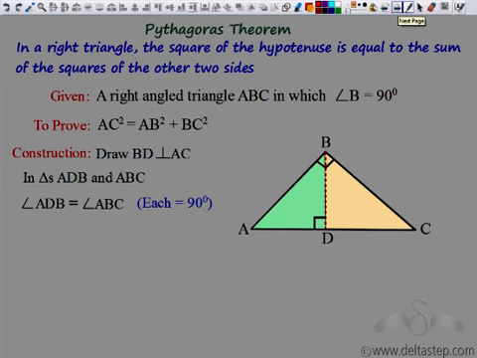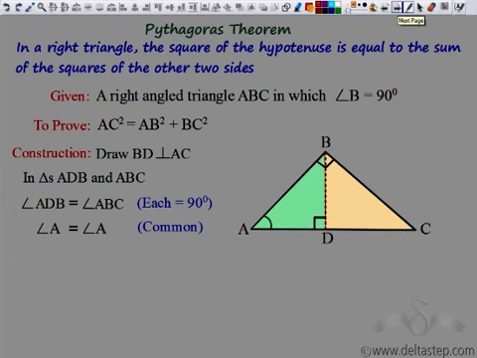So this is done. Also you will see that in both these triangles ABC and ADB, angle A is common. This is being shared by both the triangles. So I can say that angle A is equal to angle A. It is common. So I get two corresponding angles equal.